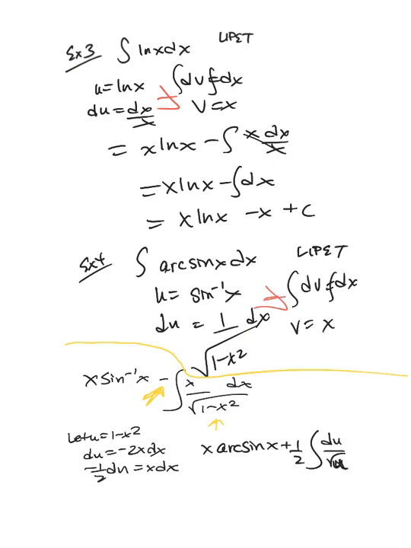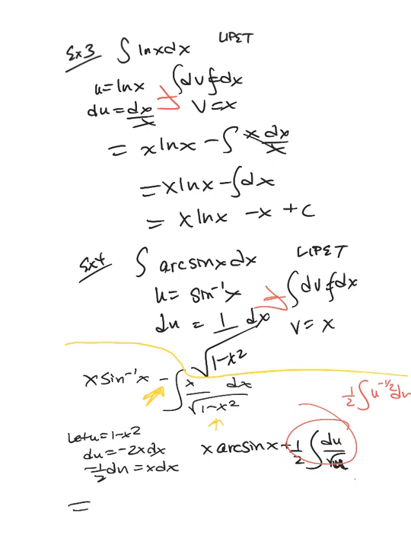Depending how smart you are at these things, you can say to yourself, what function has 1 over 2 square root of u as its derivative, and that's square root of u, right? You could also do it slower. You could make this 1/2 the integral of u to the negative 1/2 du, yada yada. You've got to pick what you're comfortable with.